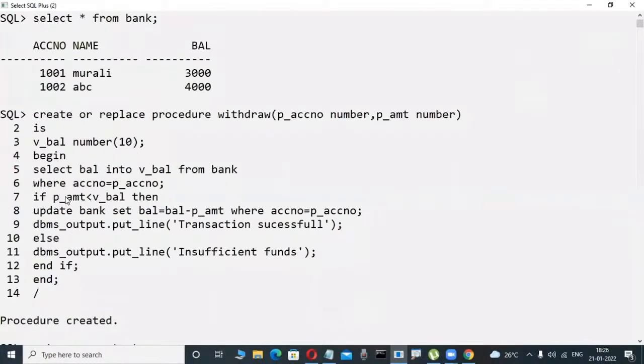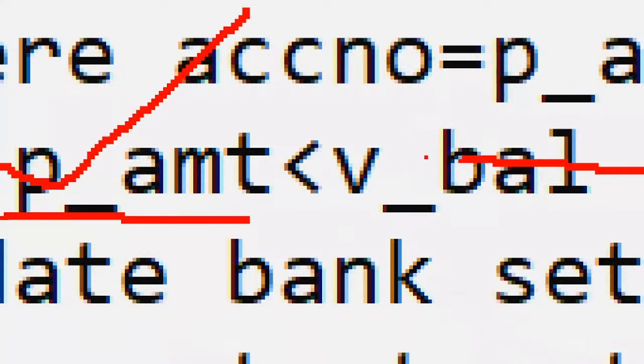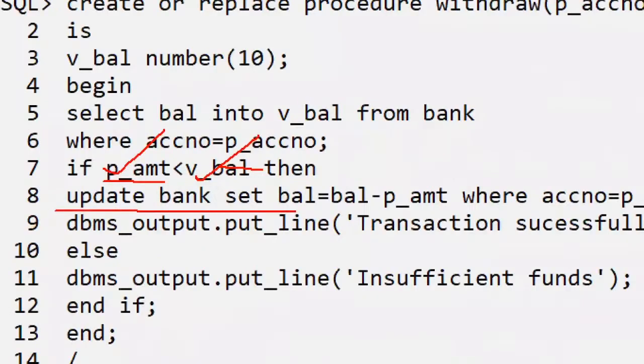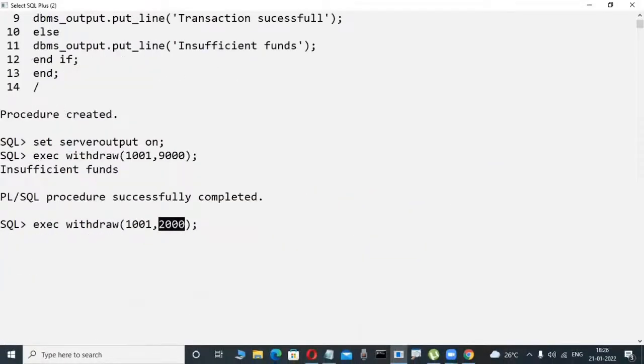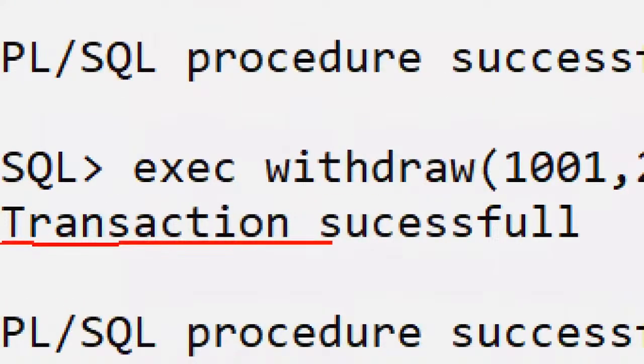So whenever your passed amount, 2,000, is less than the available balance, in this case 3,000, I am updating the bank table. Updating the bank means modifying it. Just, transaction is successful. Now whenever I execute, I want it to automatically display transaction successful.